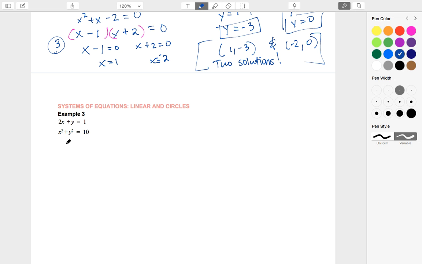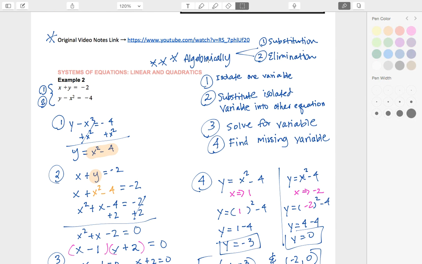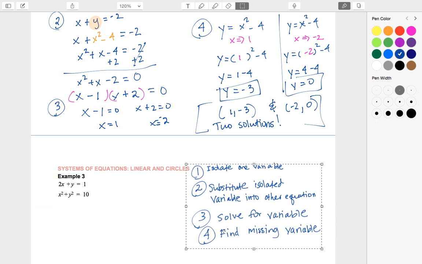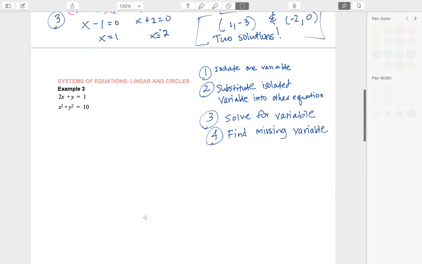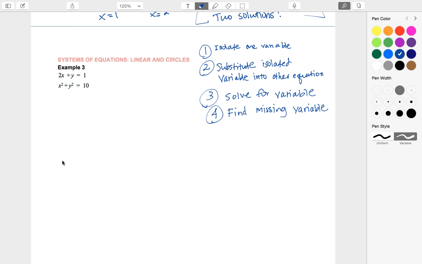Okay, now we're going to follow the same steps here, just so we can see how this makes sense. Okay, so essentially we'll have the same process. So right here, we need to isolate one of the variables. Okay, so we are going to go ahead and do that, and I'm going to isolate this first one here.